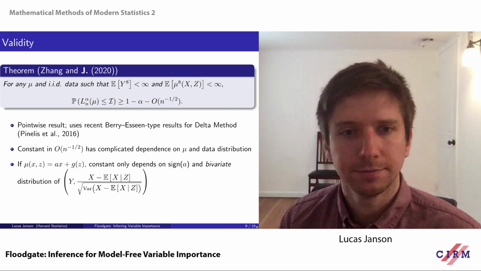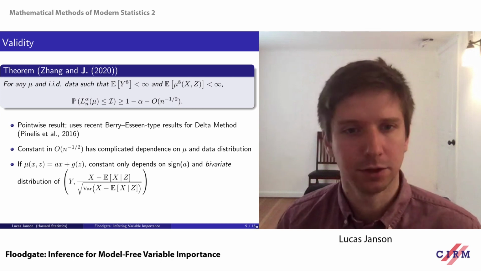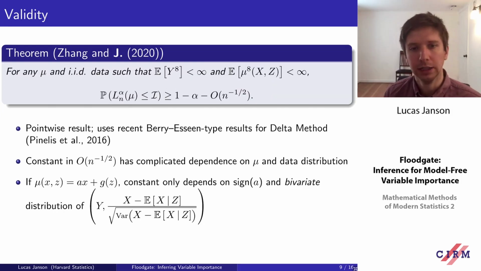So let's think about a certain class of mu. If mu is partially linear, things get actually really nice. It turns out that the constant only depends on the scalar coefficient a in a partially linear model. Again, we're constraining mu to be a partially linear regression function, but it can be any partially linear regression function, and the constant is only going to depend on the sign of a. So that simplifies things greatly.